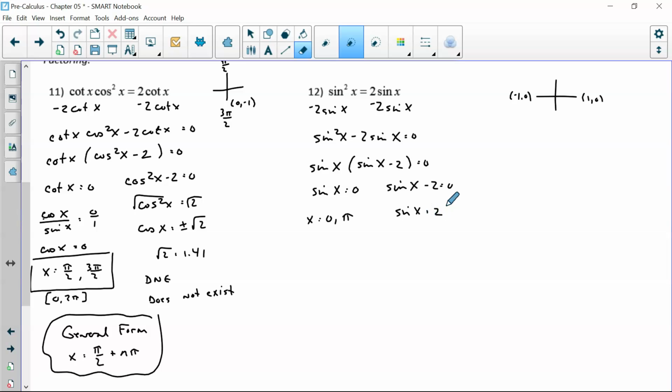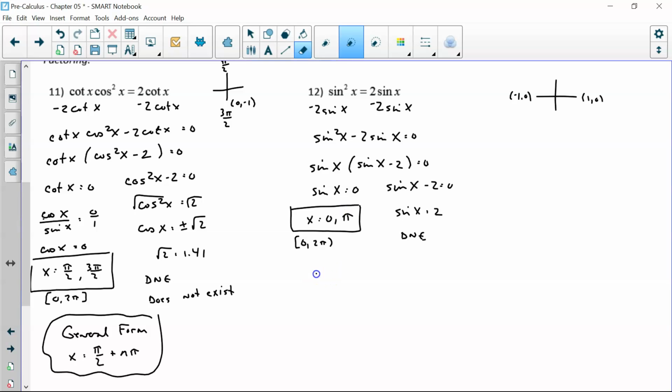We can only take the inverse between -1 and +1. This does not exist. It's outside of that range. We can't take the inverse of a number that's not between -1 and 1. So our solutions from 0 to 2 pi would be 0 and pi.